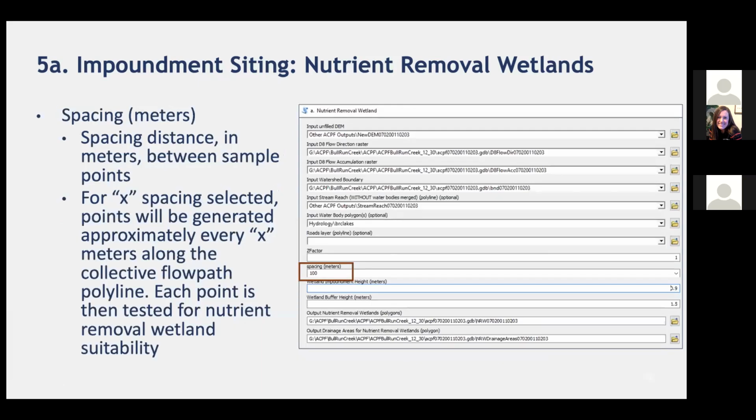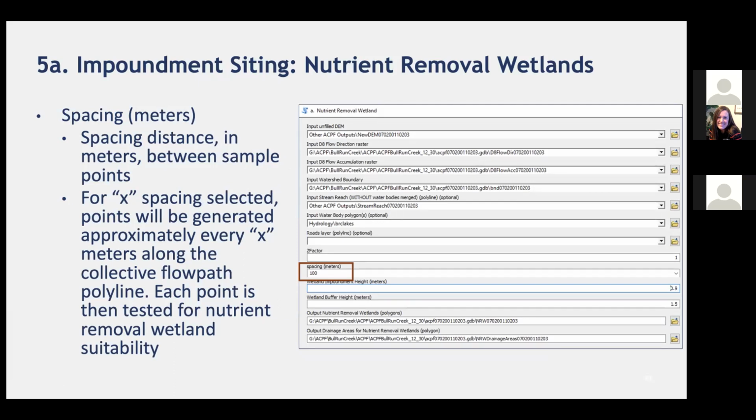So when we think about the spacing, when I talk about spacing, I mean the distance in meters between each one of those sampling points. So for example, for a spacing that we've selected, in this case, 100 meters, a point will be generated every 100 meters along a flow path, and then we'll test at each one of those points for suitability for those nutrient removal wetlands.